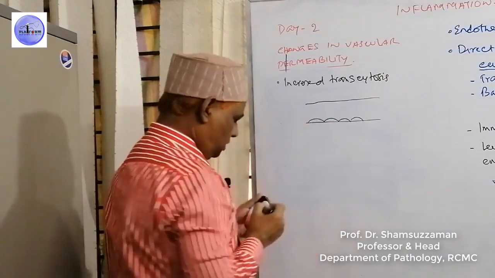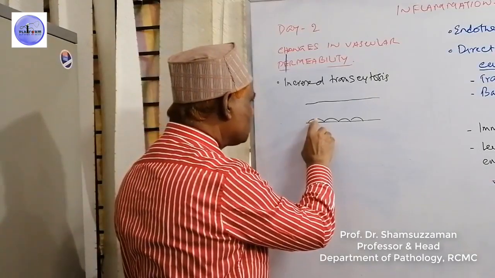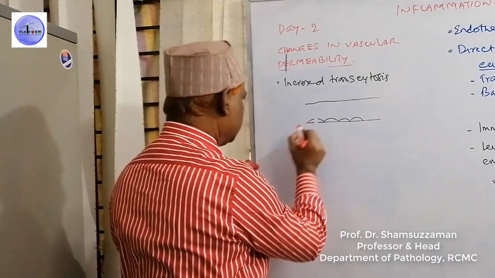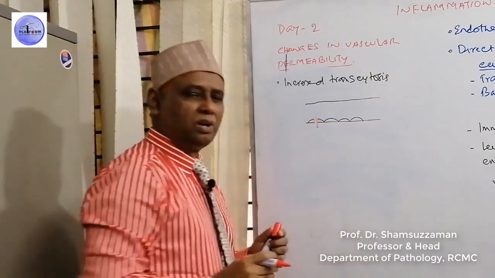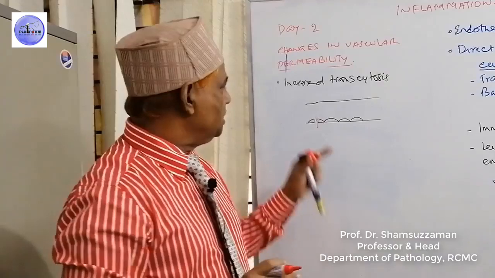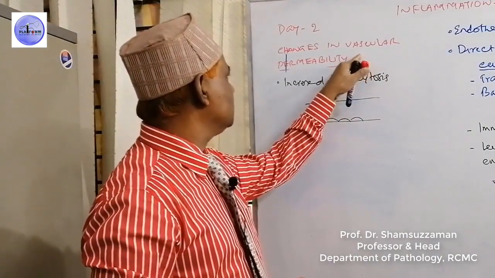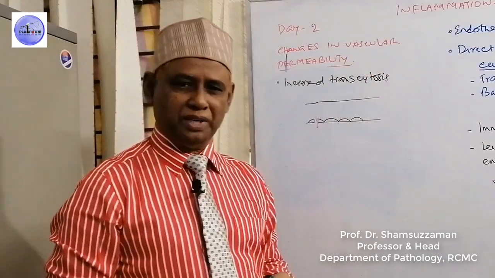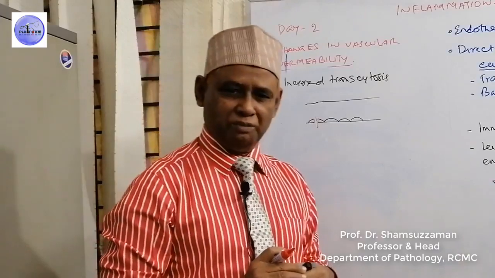Through the endothelium there is formation of channels, and through these channels fluid may come out of the blood vessel. This is called transcytosis. If transcytosis is increased, this is nothing but increased vascular permeability. So these are the different causes of increased vascular permeability.